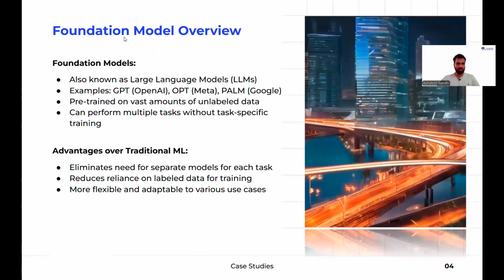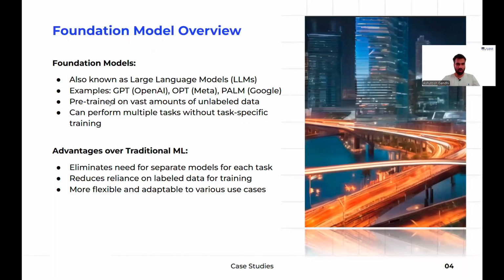Now, foundation models are also known as large language models. There are other kinds of foundation models that we'll have a look at in a short while as well. Some examples of LLMs include GPT provided by OpenAI, OPT provided by Meta, and PaLM provided by Google.